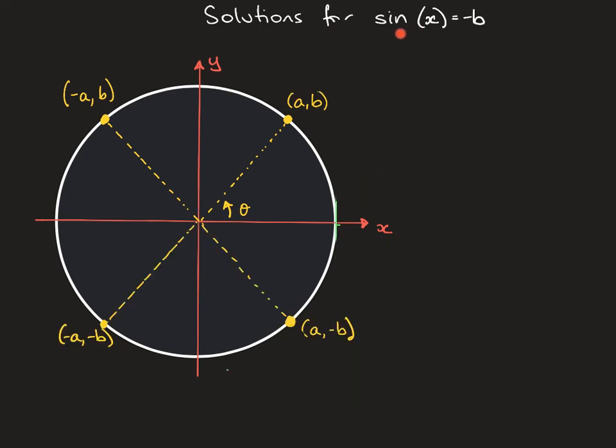To find solutions for sine of something is equal to negative b, it means that our y-coordinate needs to be negative b. So we're looking at the angles in the lower half of the unit circle. So instead of working with pi as one of our angles, the first angle we're going to work with is in fact minus theta.